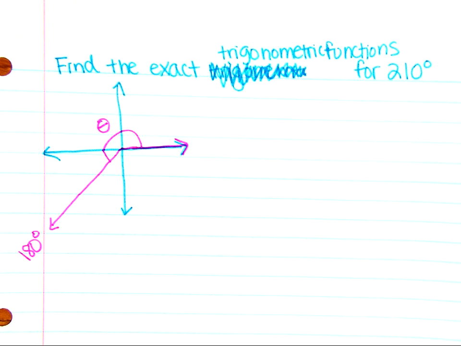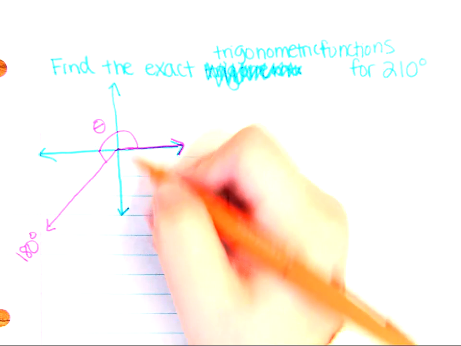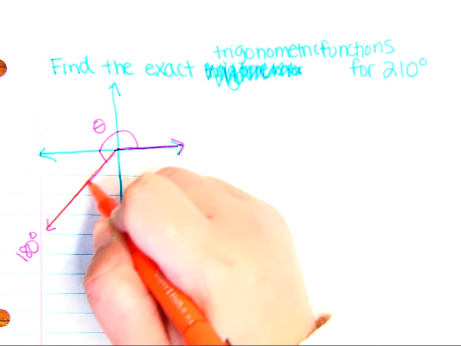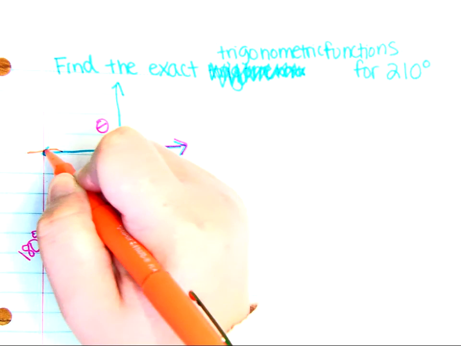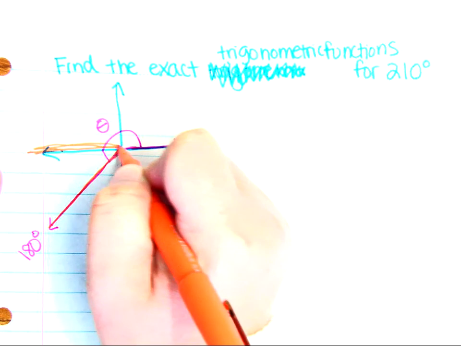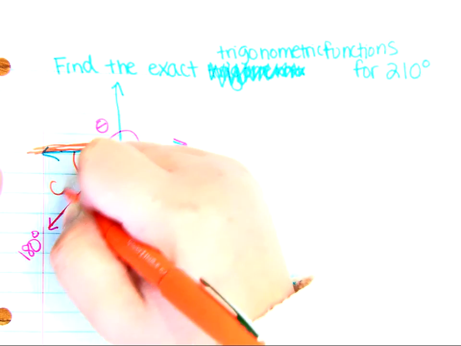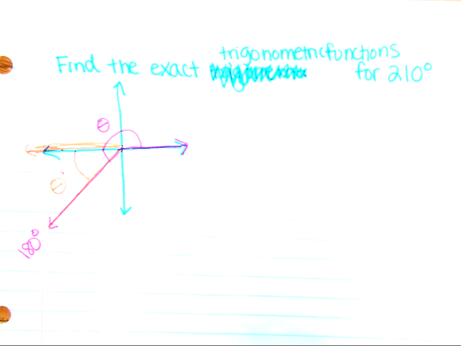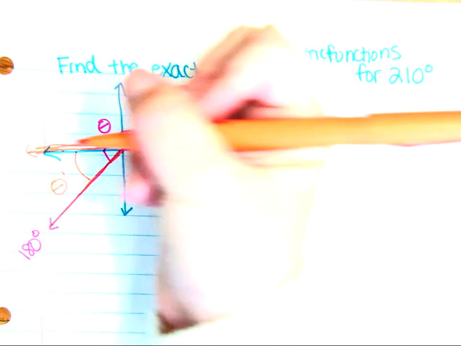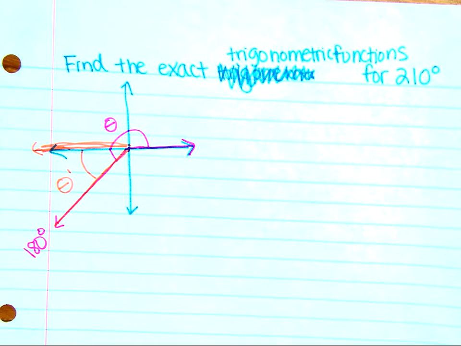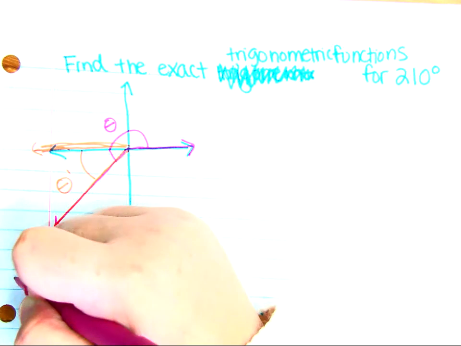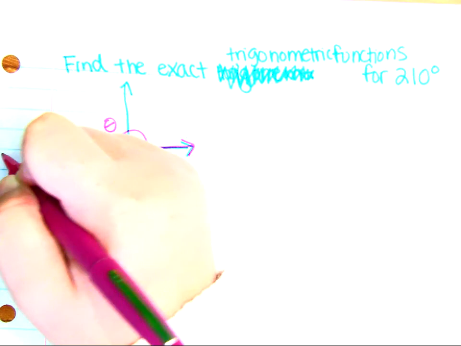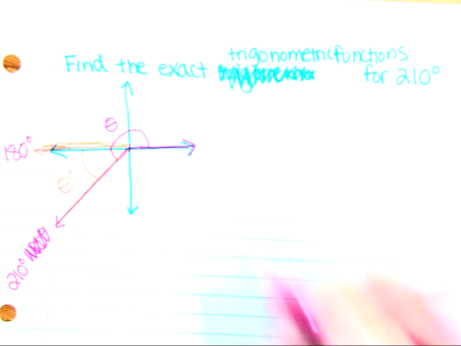So here is one part of my reference angle. Another part is there. So this is theta prime. When I labeled this 180, I'm sorry, 210, I got ahead of myself. This is 180 degrees. Hopefully you caught that already.